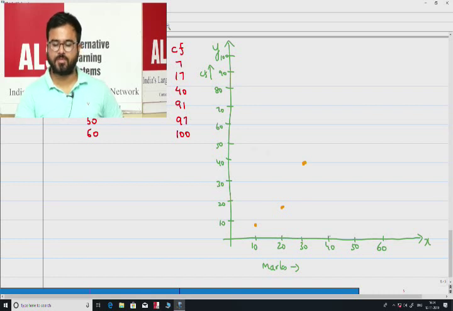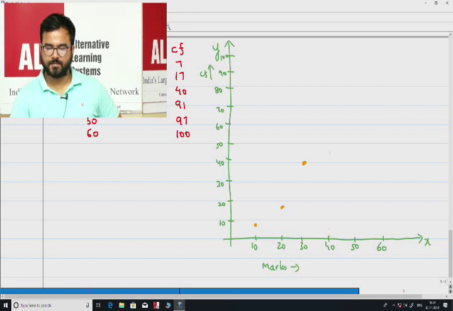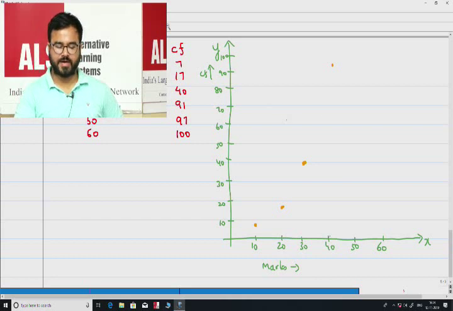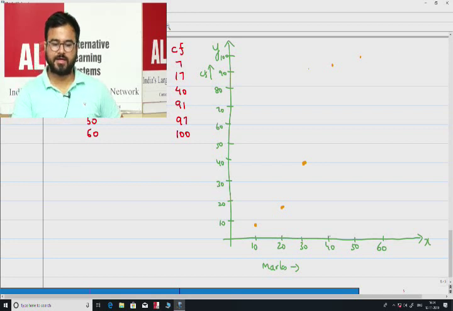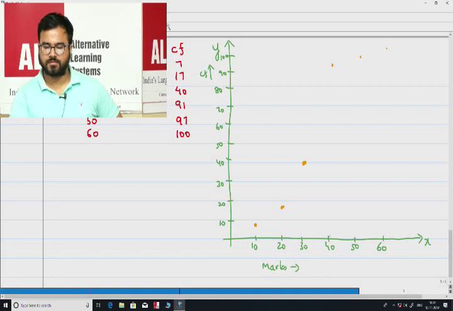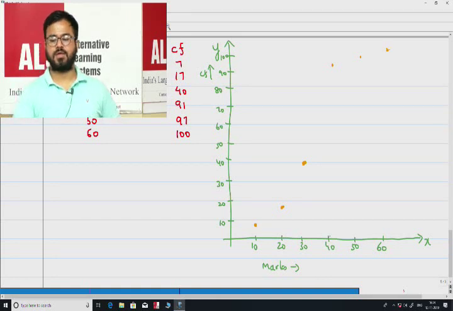Then 40, 91. Then 50, 97. And 60, 100. So these are the values I have plotted.